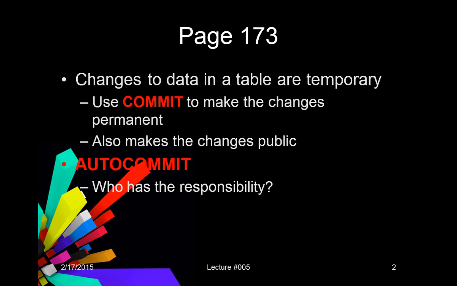Now, the book points out, and you might have a tendency to use something called auto commit. But there's a problem there. Auto commit says as soon as the data has been entered, it will automatically commit it to the database. And so at that point, you start to have a little issue of, all right, who's responsible for what's going on?